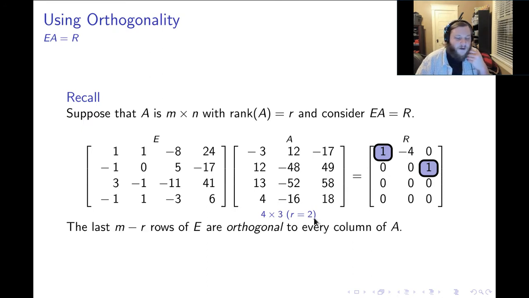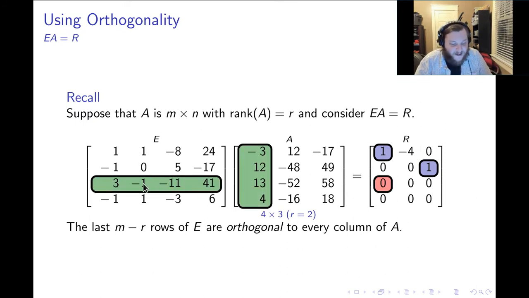And remember, when we studied EA equals R factorizations, one thing we noticed is that it will always be the case that the last m minus r rows of E are orthogonal to every column of A. So we see that explicitly in this example.